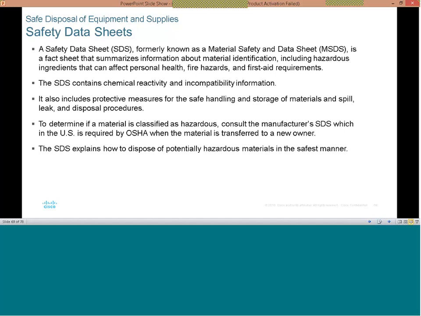So all that helps on how to dispose of potential hazards in the safest manner possible to help us curtail the spread of this hazard in our environment. So we need to follow this procedure.